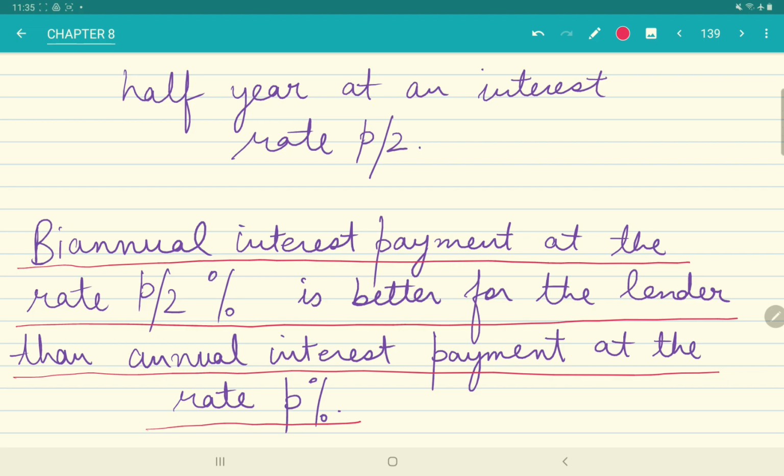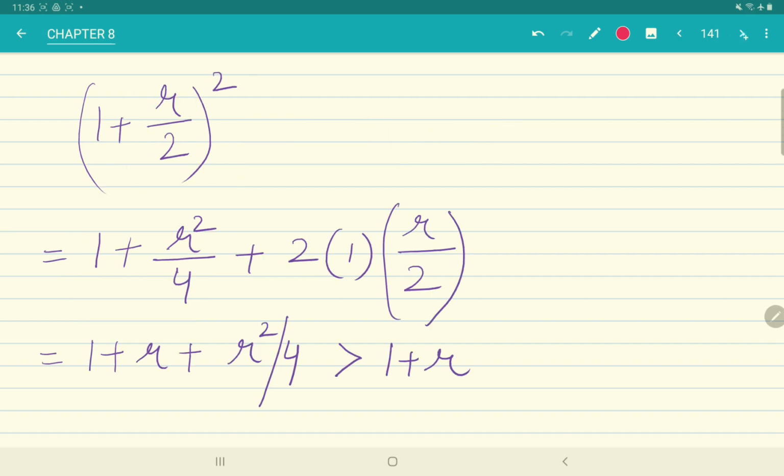Earlier I talked about interest being added after each year. Then I talked about interest being added after each 6 months. Now let's suppose that interest is added n times in 1 year, distributed evenly over the year. Earlier, with interest added after each year, the rate was P%.